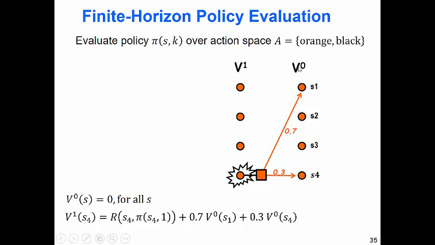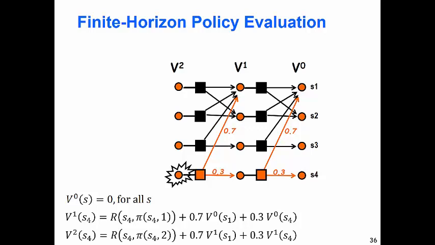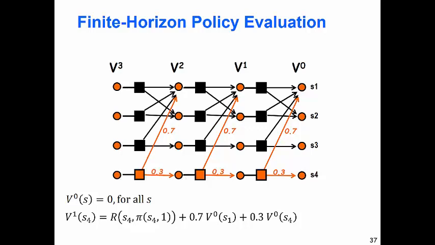So the expected value of V is 0 after taking this action, and that, of course, is just going to be the reward. And you can do the same thing for all of these actions. And you can keep on going back and compute V2 in terms of V1, and so on and so forth, until you go out to the horizon that you're interested in.